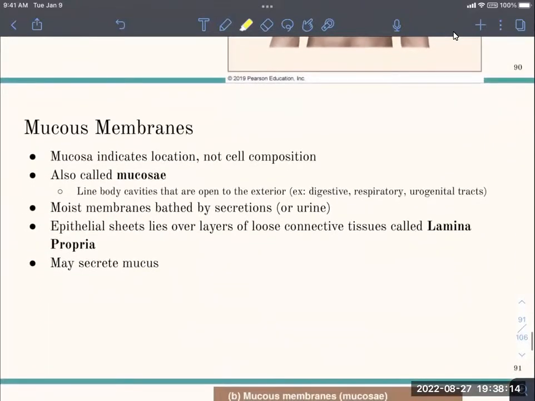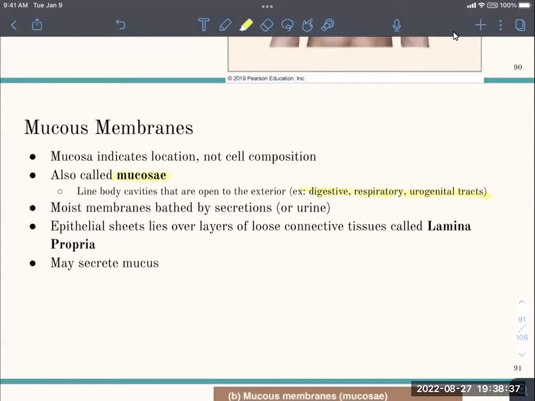We also have a mucous membrane. And then the mucosa actually indicates where it's at. So it tends to be called a mucosa, and it lines different body cavities like your digestive tract, your respiratory tract, your urogenital tract.